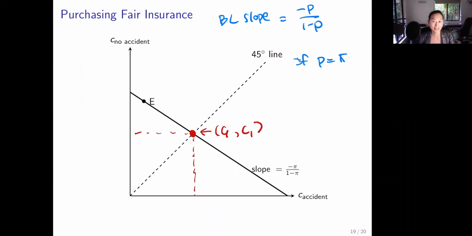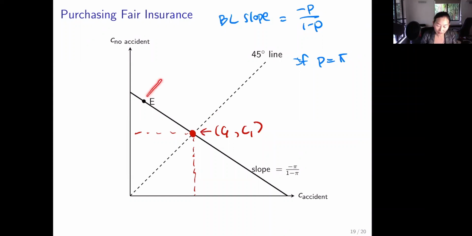What does that mean? This is what she's going to buy. The amount of insurance, it doesn't matter what amount of insurance she buys, but she would buy in such a way that whether the accident happens or not, she will end up with the same amount of wealth, because it is on the 45-degree line. The implication is that she would buy the units of insurance such that it fully covers her loss, right?